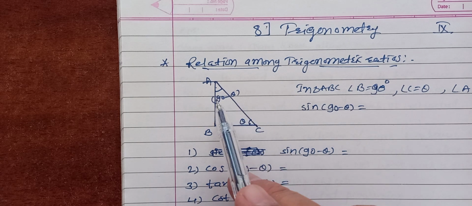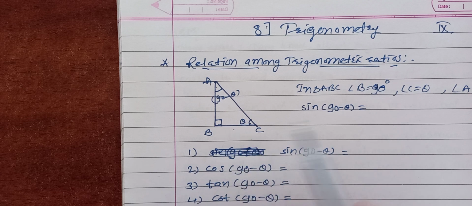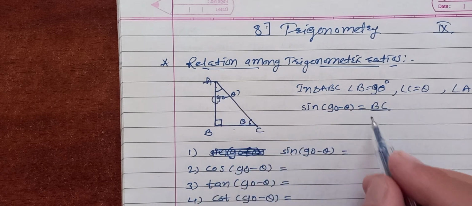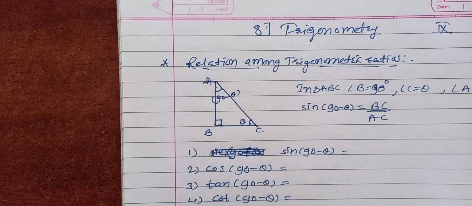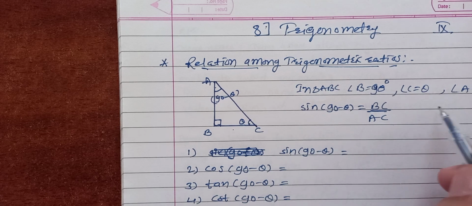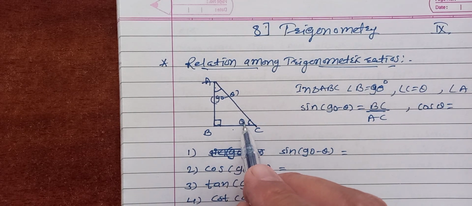Okay. Now sine 90 minus theta means this angle A. We know sine ratio means opposite side BC upon hypotenuse. This is the sine ratio. And if I find this cos theta, see, first the relation we have to find. What is then cos theta? Cosine ratio, how will it be?